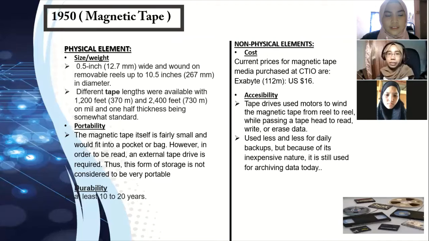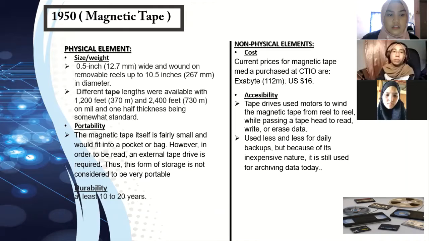Okay, for the physical elements of magnetic tape, the size is 0.5 inch wide on removable reels up to 10.5 inches in diameter. Different tape lengths are available, with 1,200 feet and 2,400 feet, while the thickness is somewhat standard.